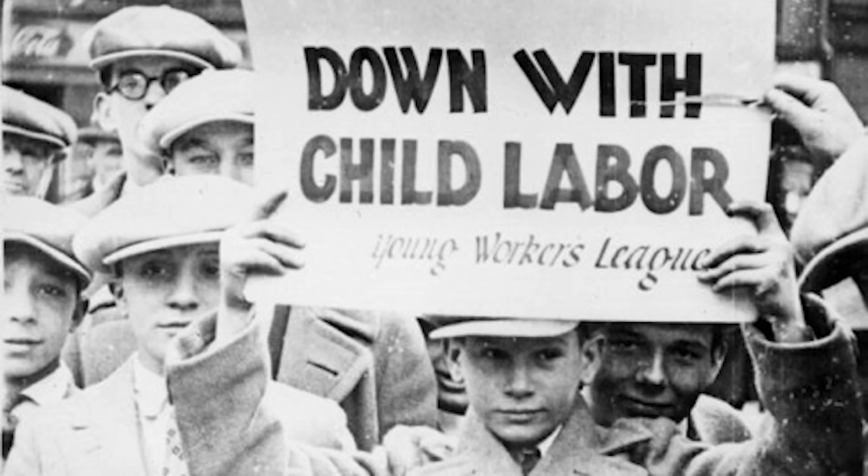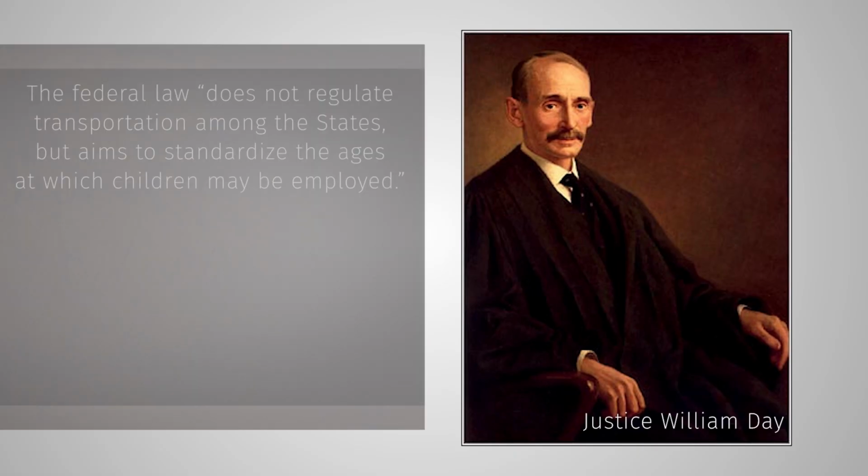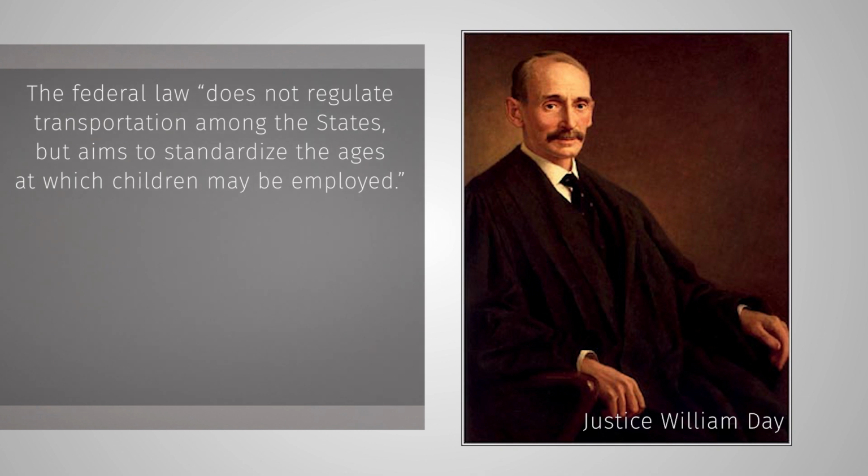The third case, Hammer versus Dagenhart, 1918, considered whether Congress could prohibit the shipment of products manufactured with child labor. Writing for a 5-4 court, Justice Day held that the federal law does not regulate transportation among the states, but aims to standardize the ages at which children may be employed.